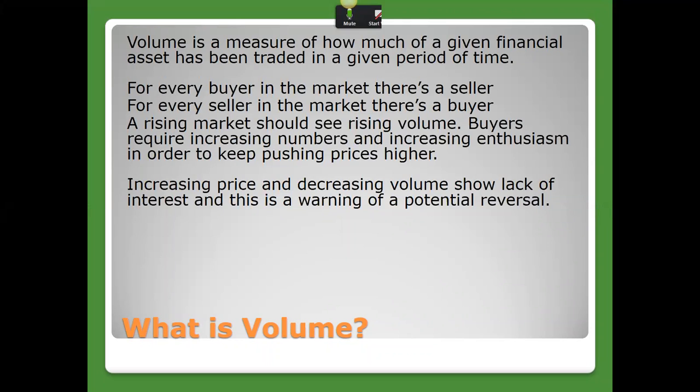So in any market condition, there is always a buyer and a seller for a transaction to happen. If the market is going up, there are more buyers in the market than sellers. And when the market is moving down, that shows there are more sellers in the market than buyers.